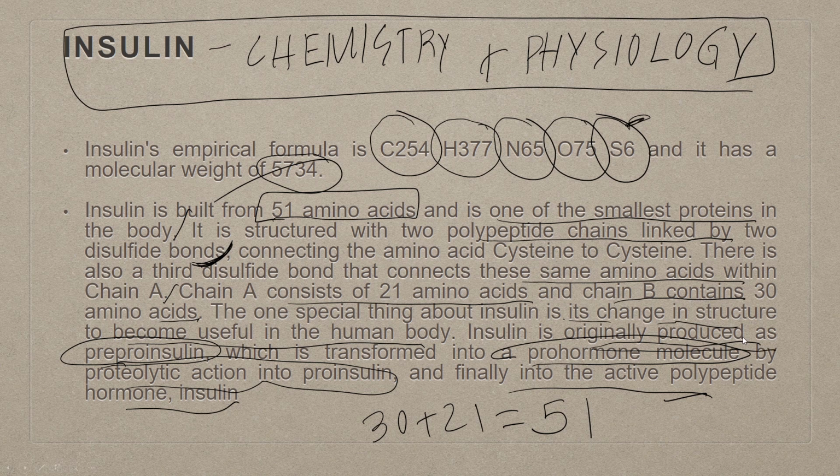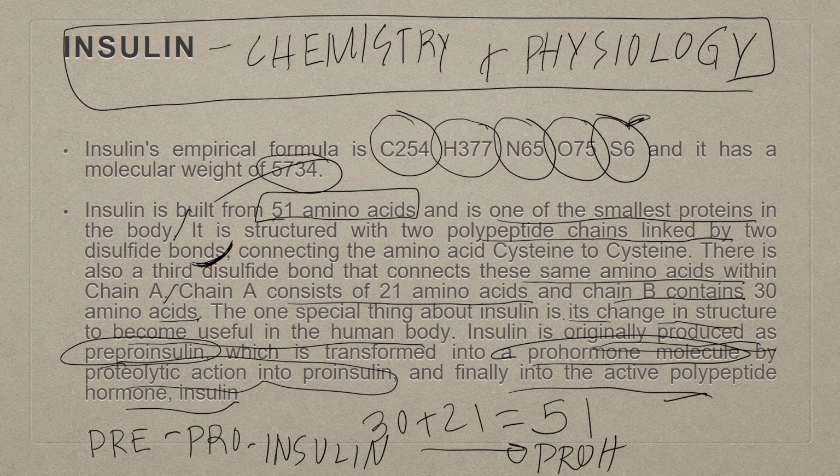Insulin is originally produced as pre-proinsulin, which is transformed into a prohormone molecule by proteolytic action, meaning breaking it into proinsulin, and this proinsulin eventually becomes insulin. So, this is a multi-step process.